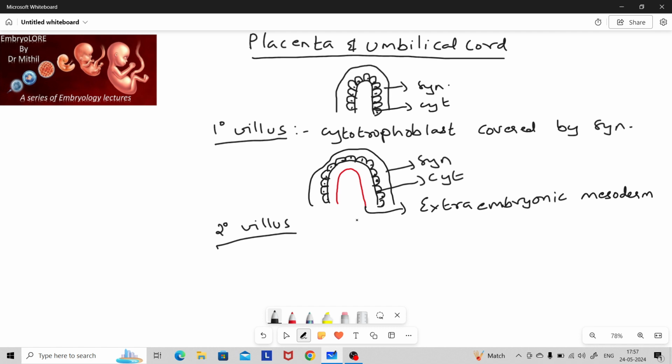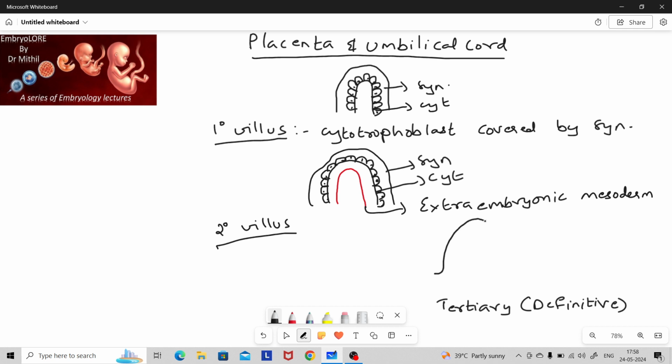Now comes the tertiary villus, also called the definitive villus. Now the difference is that we have the fetal capillaries appearing in the mesodermal core, which is covered by the same mesoderm, followed by the cytotrophoblast, and followed by the syncytiotrophoblast.